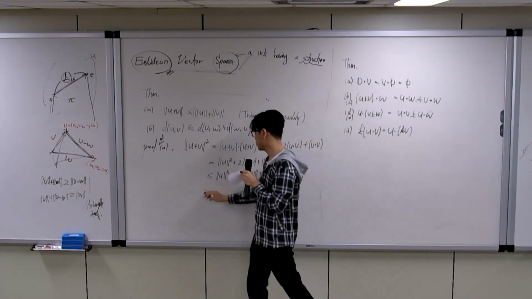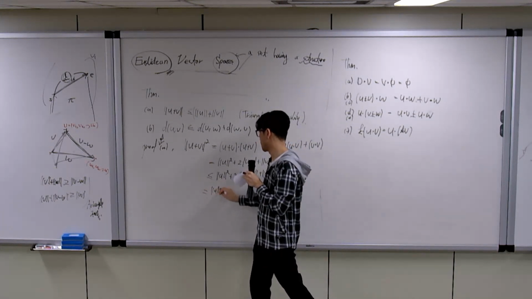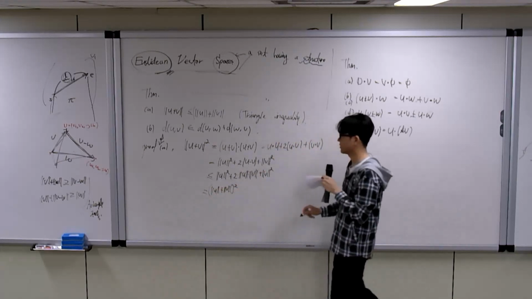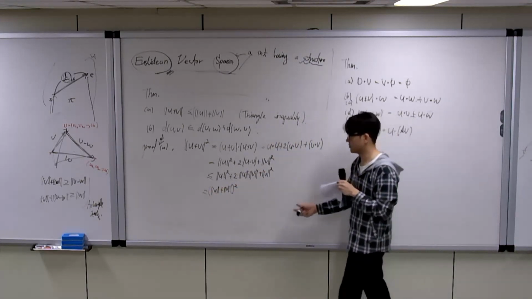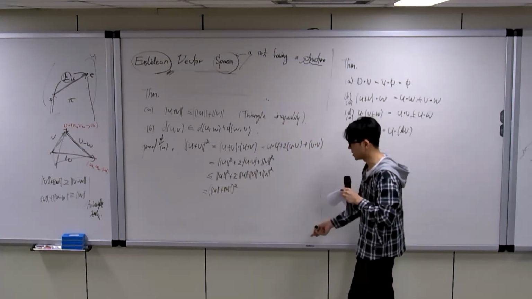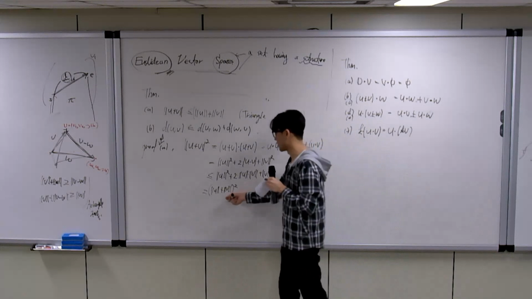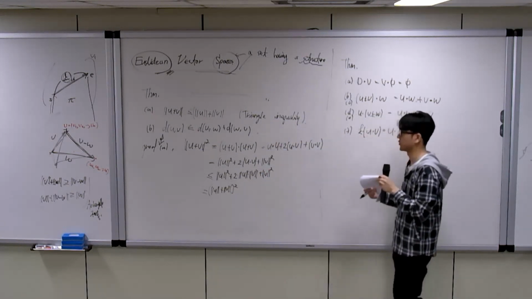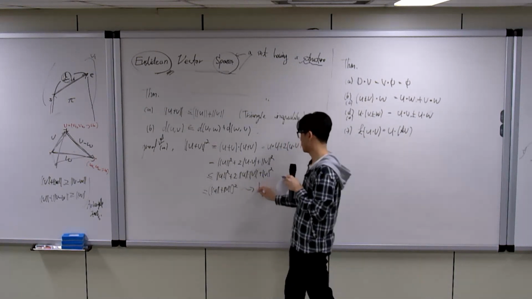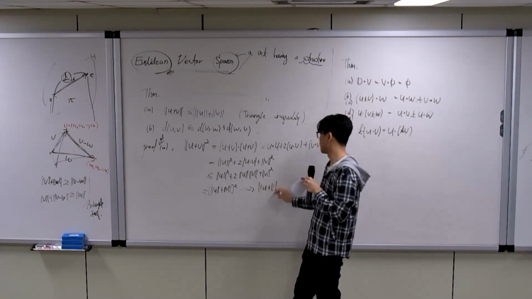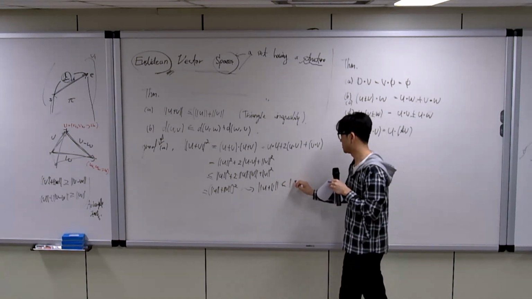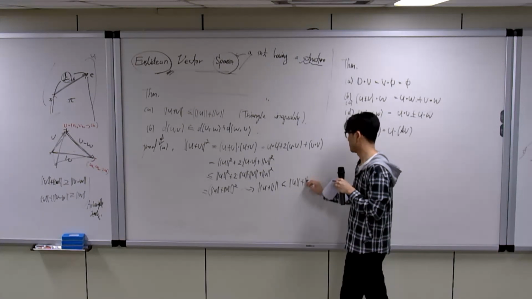And so we can get the value of the norm of u plus the norm of v, squared, and so that means the norm of u plus v is at most the sum of the norms.